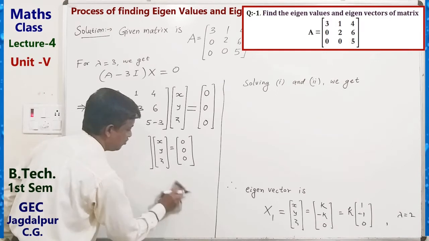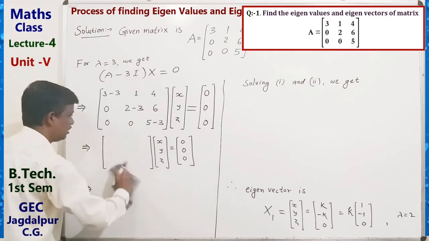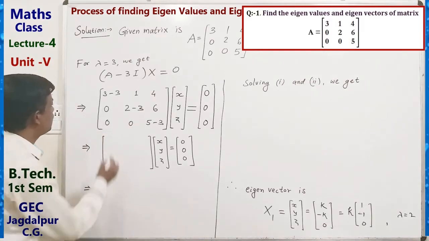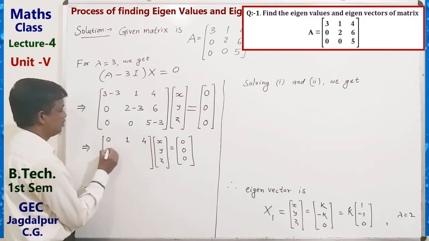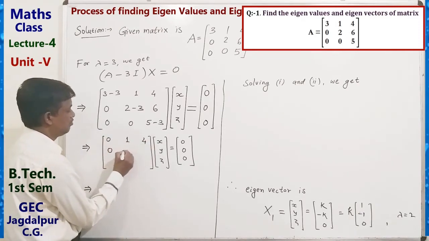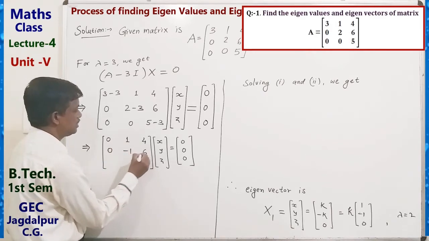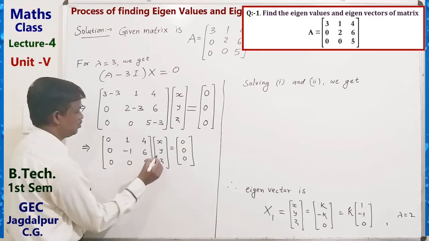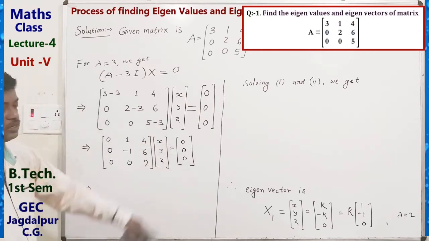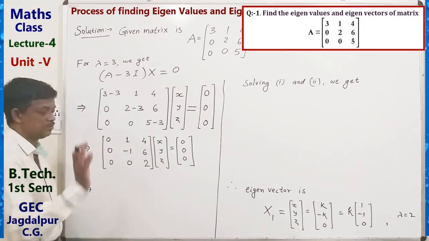The same process will be followed for finding. So here the matrix will be 0, 1, 4; 0, minus 1, 6; 0, 0, 5 minus 3, which is 2. So this will be the equation.